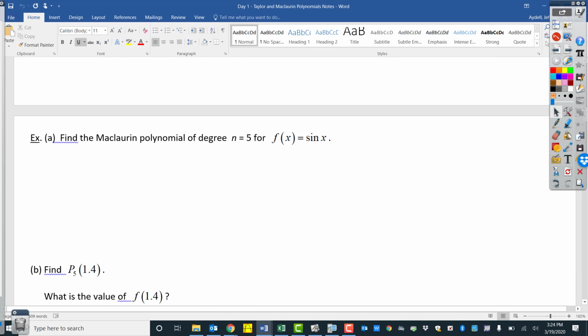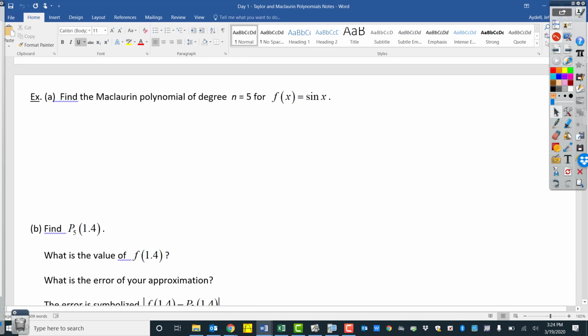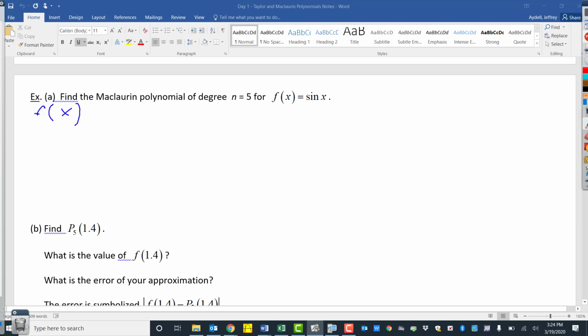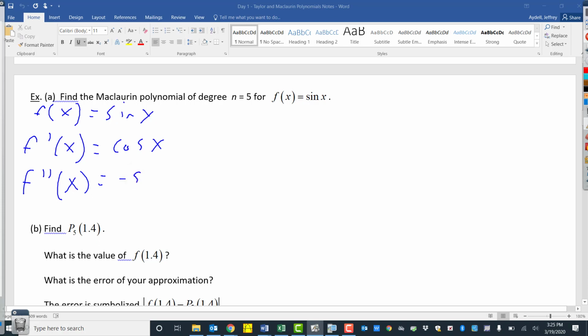So we're looking at the 5th degree, which means we need 5 derivatives for sine. Now, some of you are going to get a little frustrated with doing all these derivatives, and I'm going to get a little frustrated just because I'm going to have to write all this, but we will get through it together. So f of x equals sine of x, f prime of x equals cosine of x, double prime equals negative sine, so on and so forth.